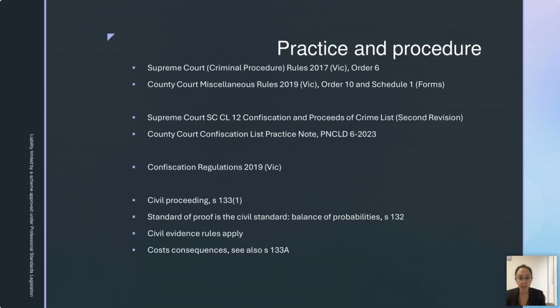The civil evidence rules apply, and that's important for example, hearsay arguments, obviously being easier in civil proceedings than in criminal proceedings. And also there are cost consequences. The general rule in civil proceedings is that costs follow the event. There is also a specific provision in section 133A of the Act that deals with costs.